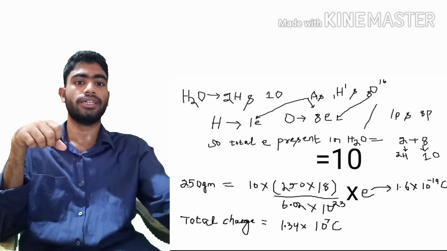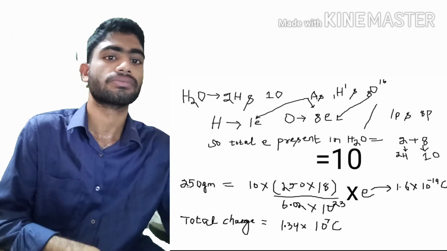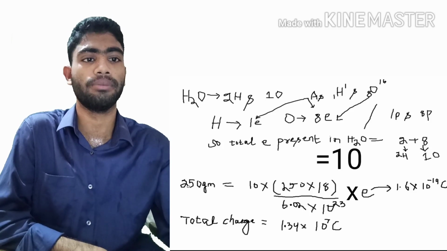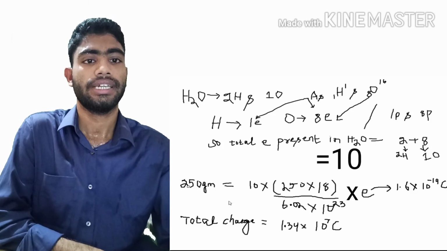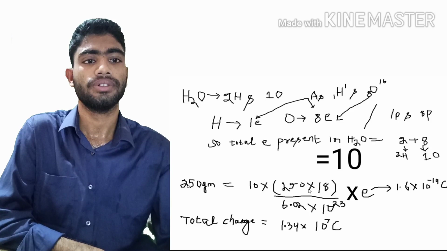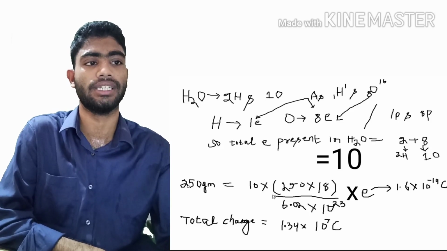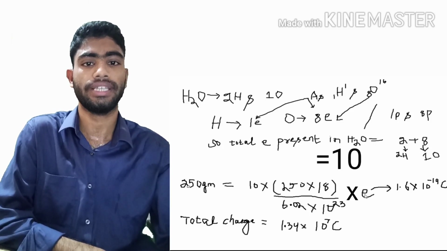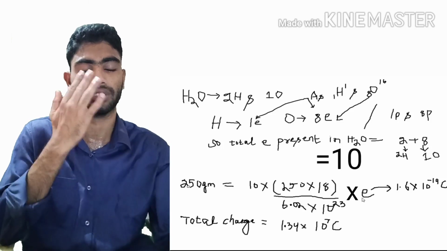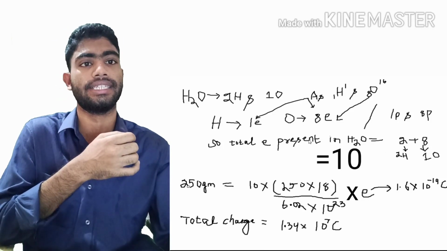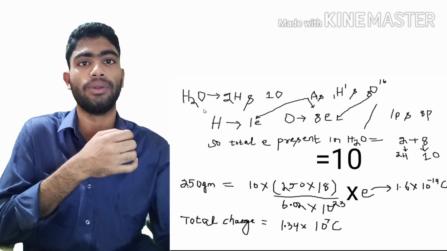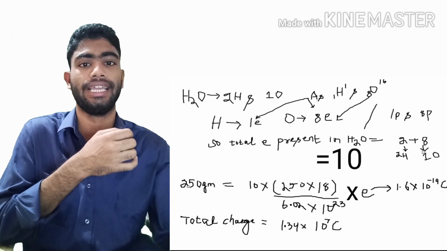Now the 250 gram of water equals this number times 10 times E. E means the electrons, because we calculated that one water molecule contains 10 electrons.